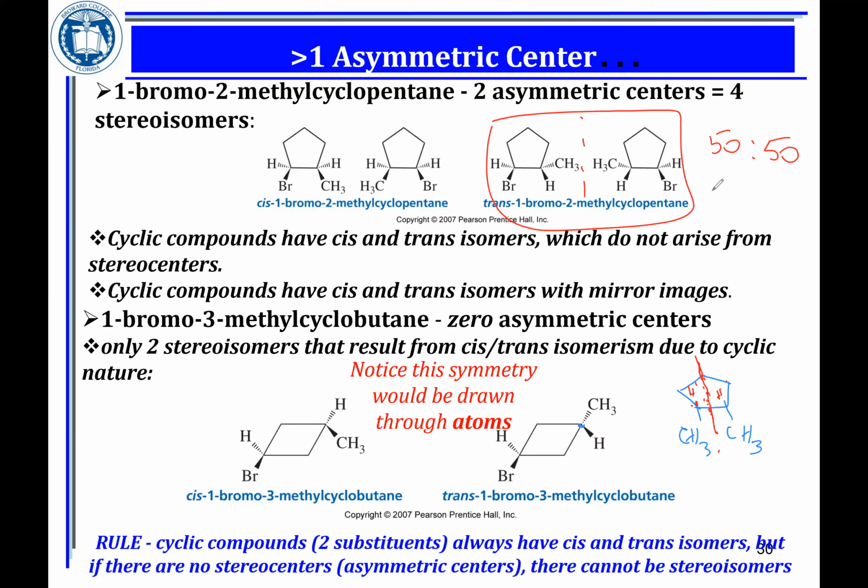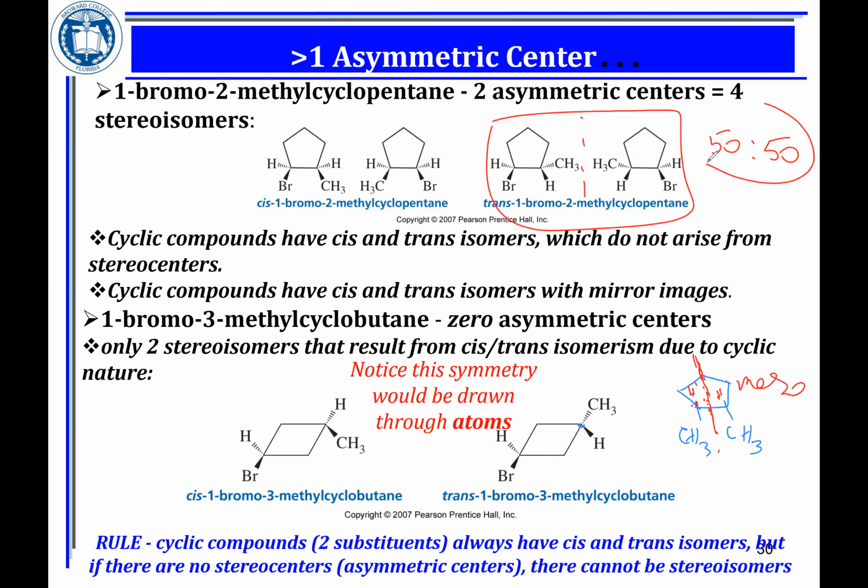So these are some of the definitions that you see in this chapter. You have a pair of enantiomers, diastereomers, and meso compounds. A meso compound is one that has an internal mirror image or plane of symmetry.